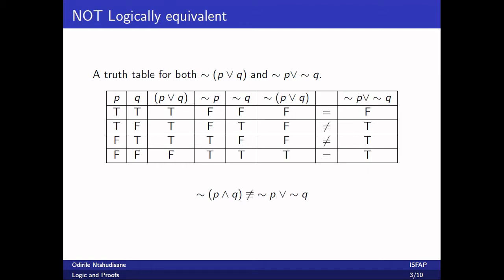Consider the statement form not (P or Q), and this time consider it along with the statement form not P or not Q. In this case, we find that the two statement forms do not have the same truth values for every assignment of truth values to the involved statement variables P and Q. For instance, in the second row we see that for the truth value true assigned to P and false assigned to Q, the statement form not (P or Q) is false, as in the previous slide, but the statement form not P or not Q is actually true.